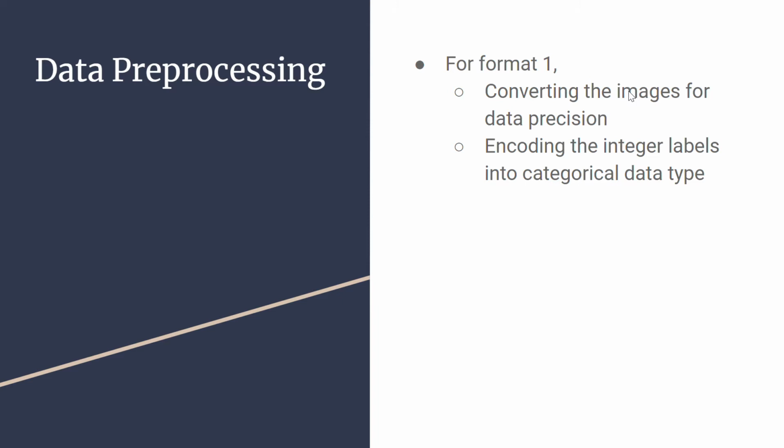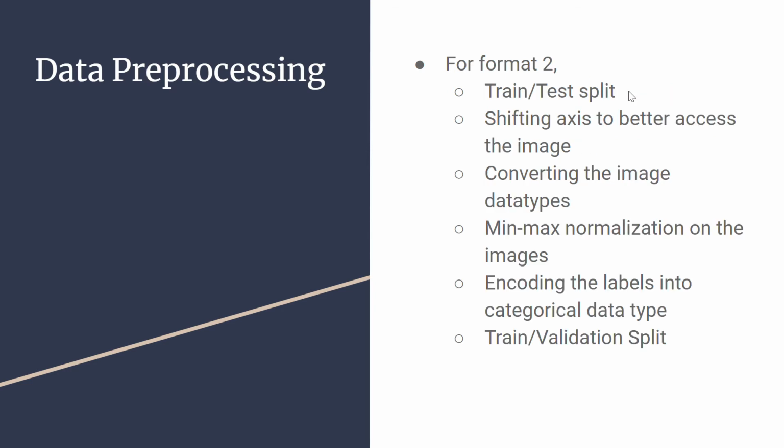These images are already preprocessed, but I wanted to convert the inherent data type of the images, so I converted most of them into float and the labels into a categorical data type, which is one hot encoding. If there are 10 classes, one of those classes would be encoded as 1 and all the other classes are encoded as 0. It's basically a vector of 10 classes.